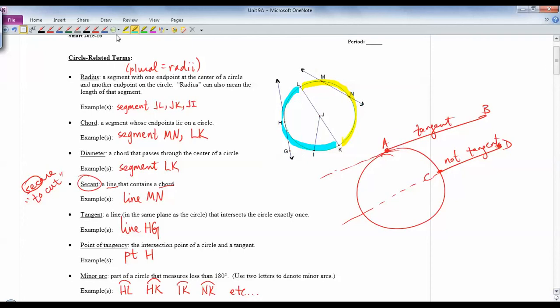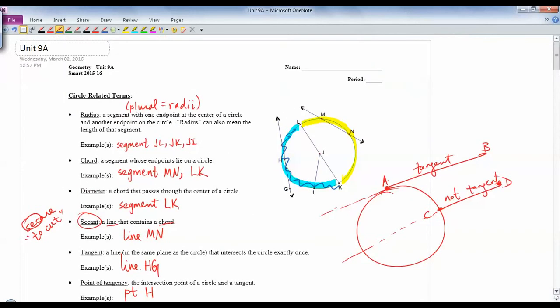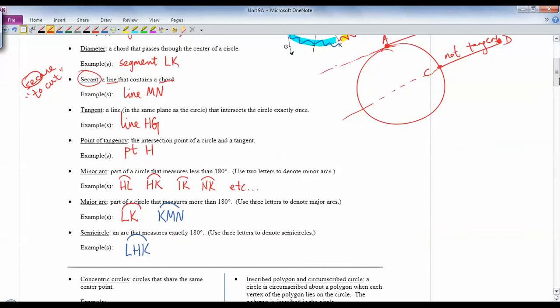So like if I'm doing this one in blue here, I can say like LHK, for example. LHK. And if I'm talking about the one, here I'll highlight it in red. So if I'm talking about this one in red, I could start with L and then M and then K, or LNK. Something like that.